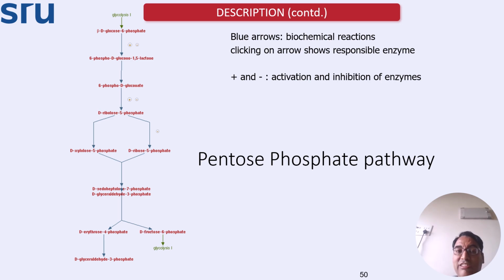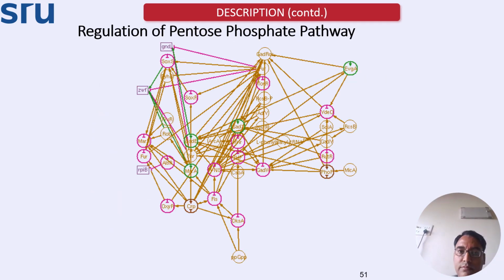All these reactions are connected together using arrows, which is providing a directionality to the complete pathway. The plus and minus here indicate the activation and inhibition. See how the regulation of the pentose phosphate pathway is in more detail, connecting more enzymes.